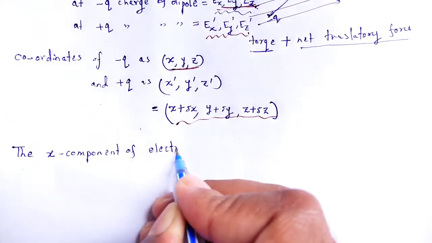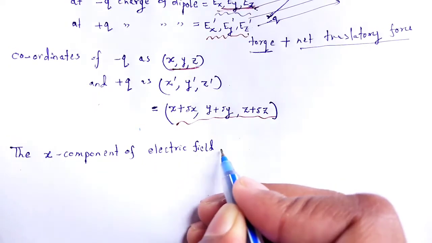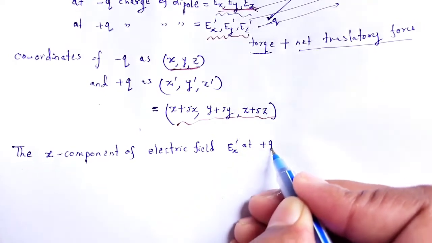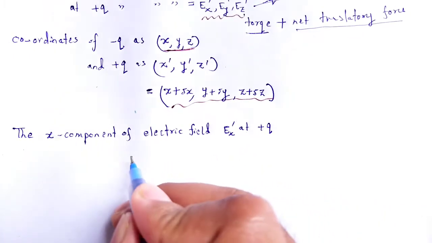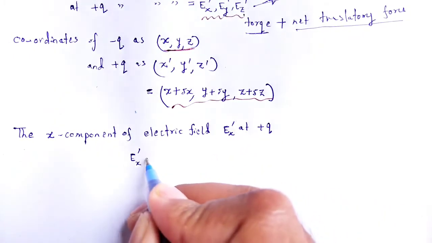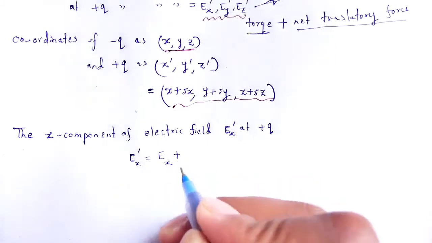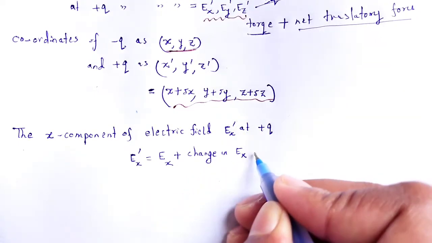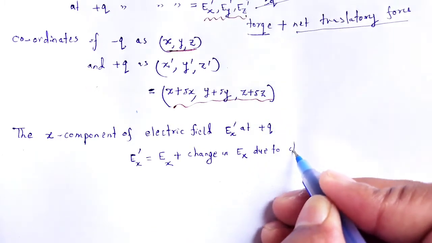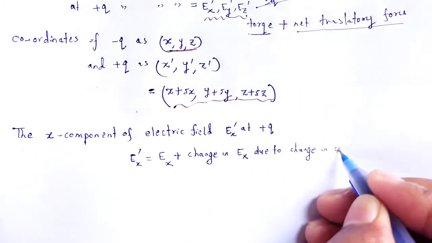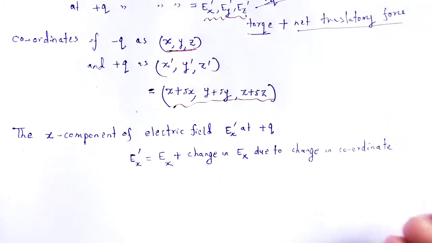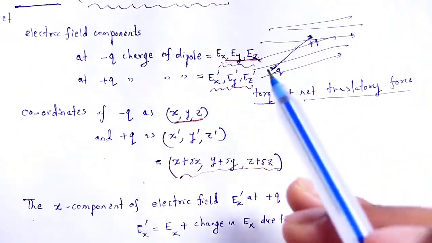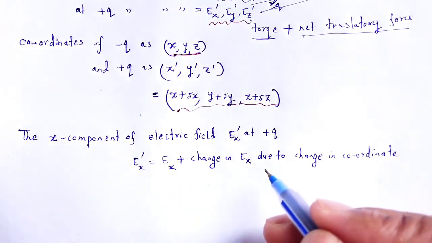Ex dash is equal to Ex plus the change in Ex due to the change in coordinate.